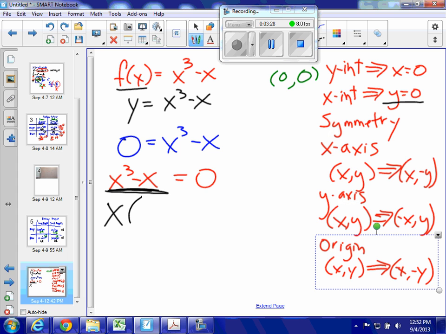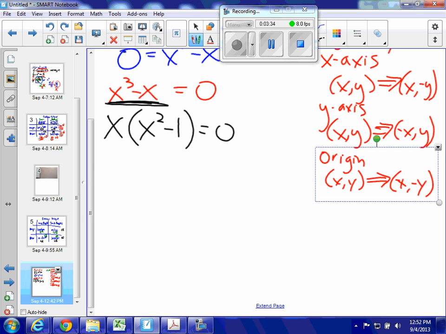So I have x times (x squared minus 1) equals 0. Well, part of that becomes immediately clear. If x is equal to 0, then this whole thing is going to be equal to 0. So that's one of my x-intercepts. In set notation, it's going to be 0.